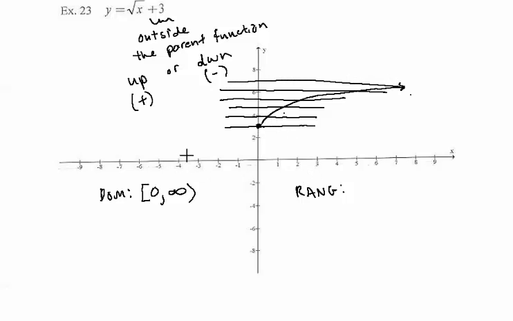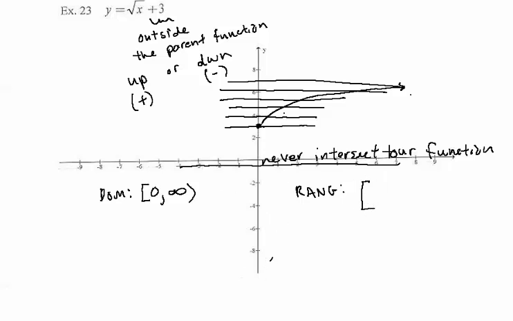If we draw a horizontal line below that, we never intersect our function. Okay, so these numbers on the y-axis are not included in the range. So the first value of our range would be a plus 3, and it would continue out to infinity.